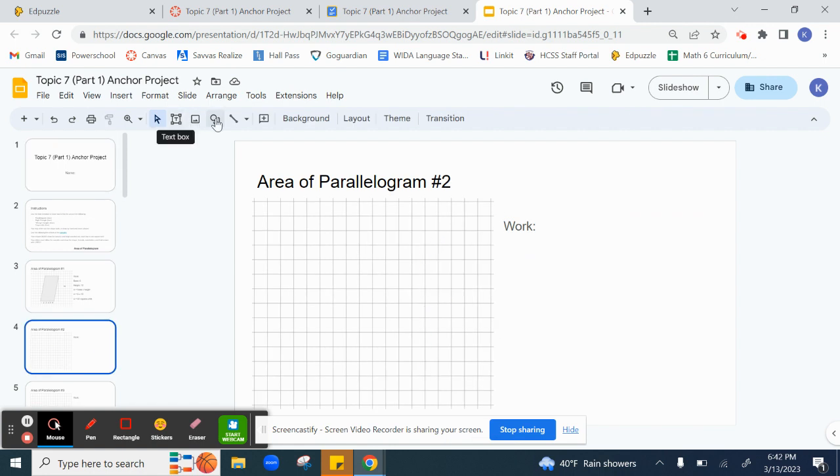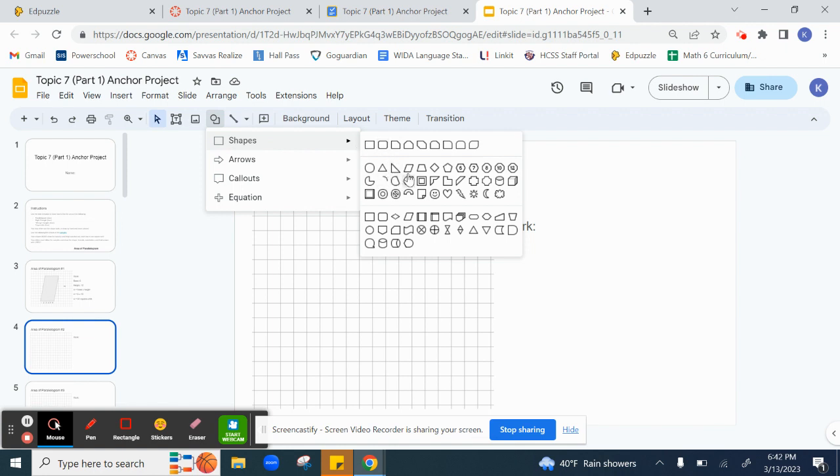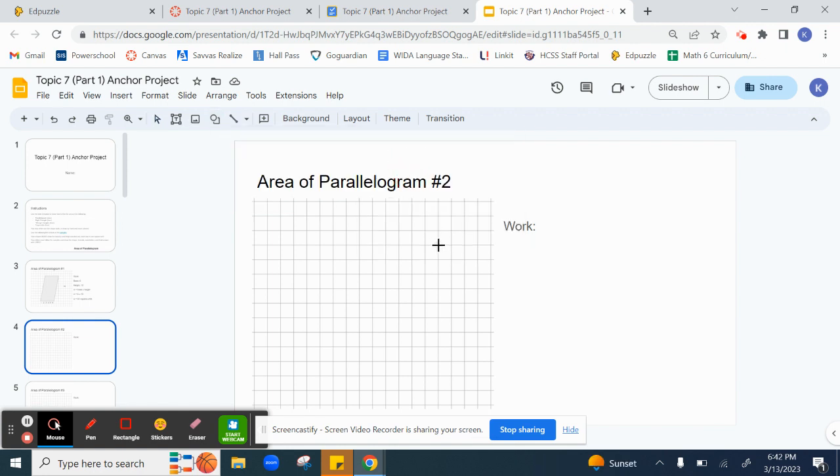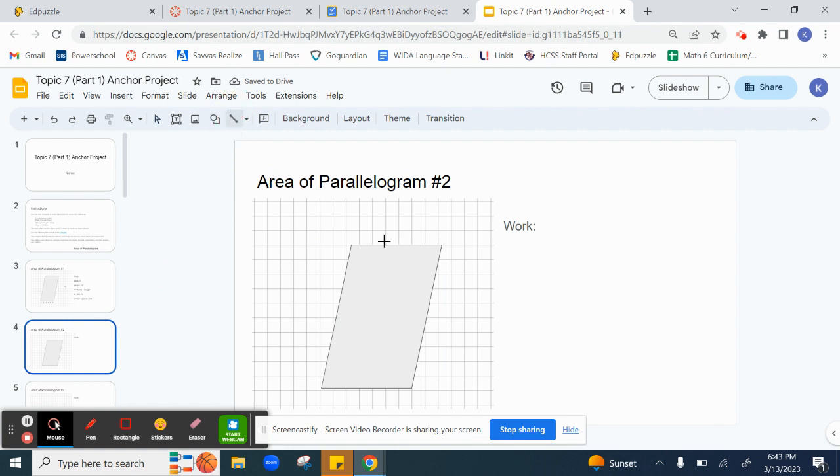Now I am going to draw a parallelogram and you are going to do this one on your own. All right. So I got my base from grid line to grid line.